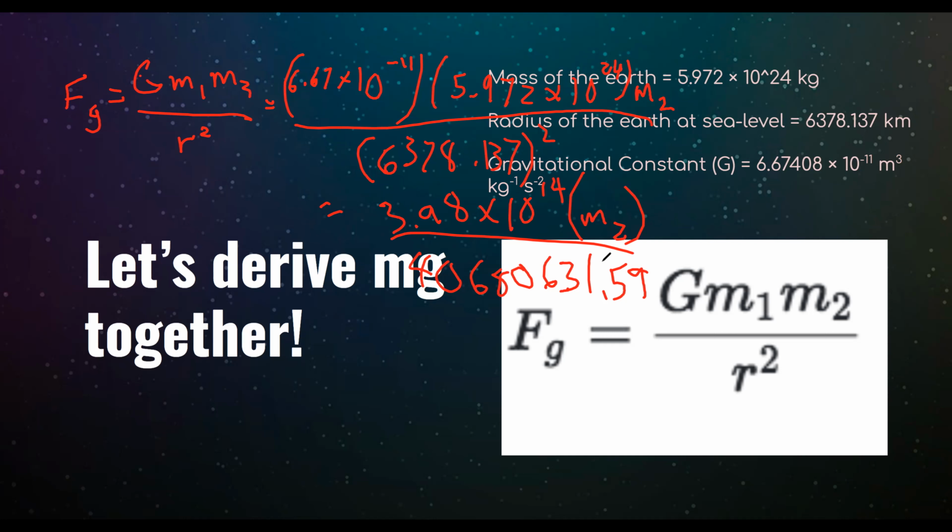Oh, sorry about that. I did have to convert km to meters. So for the radius of the Earth, right, it says right here, 6378.137 is in kilometers, and a kilometer is 1,000 meters. So I would actually have to times 6378.137 by 1,000, and then square that.